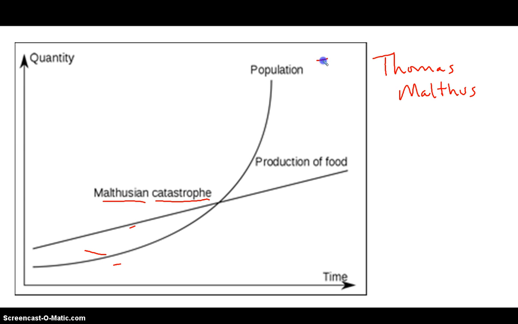So populations follow that J curve. And unfortunately, food production over here is linear. It does not increase with the population. So at some point where those two cross, you've got something called the Malthusian catastrophe. And that's where the population is growing faster than the food production and people are going to starve.